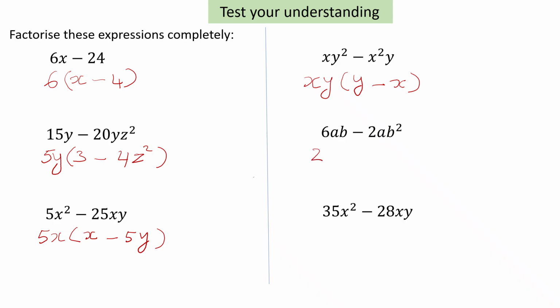So 2ab, inside the bracket 3 minus b. If you expand the bracket, you get the original expression. 2ab times 3, 6ab, minus 2ab times b, 2ab squared.